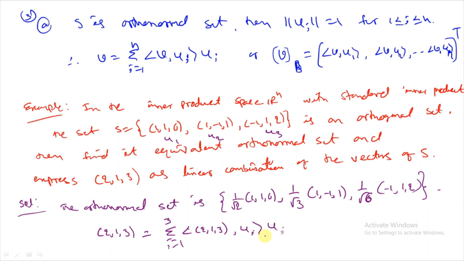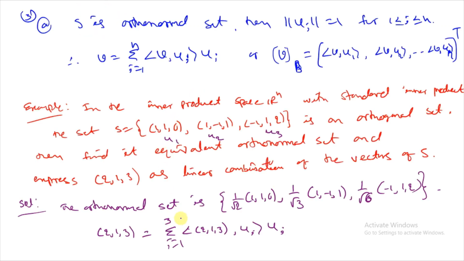You have to take the inner product of the first vector with each vector. Whether you write transpose or not doesn't matter. Sometimes I mention transpose or not this way. So you can write (2,1,3) equal to.